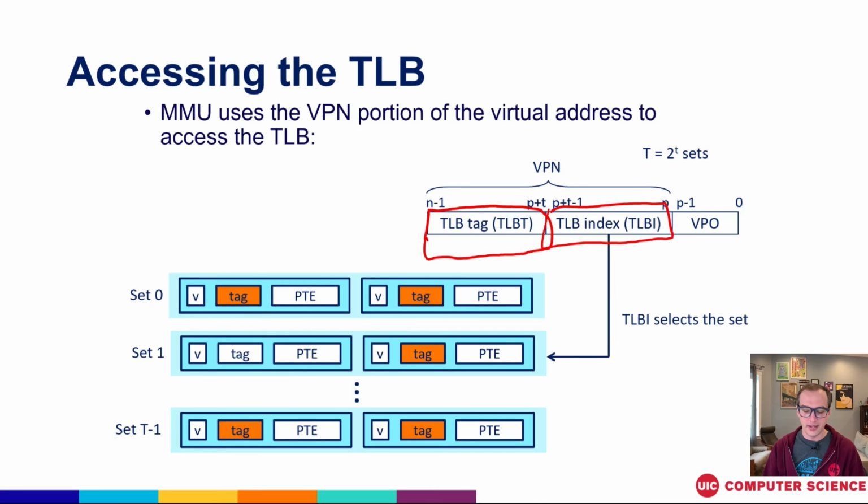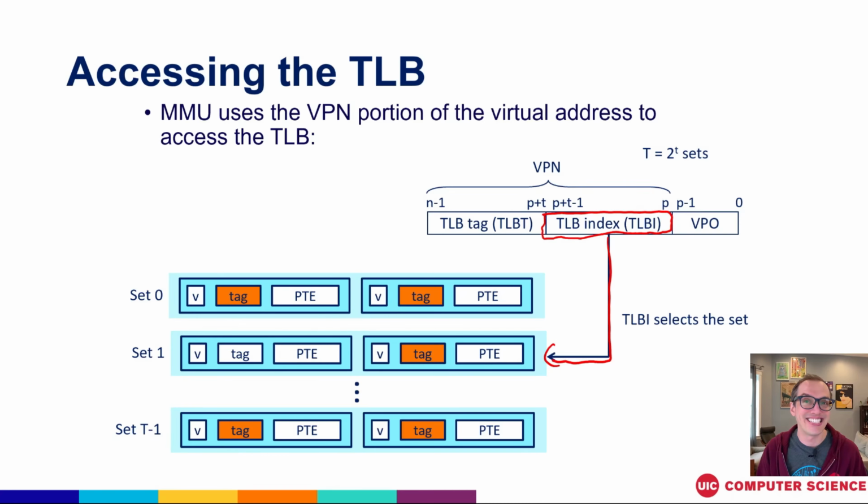First, when we want to access the TLB, we take these low level bits of the virtual page number and use them to index into a collection of sets of multiple page table entries that were all pulled in at the same time. So we index down into the set using the index, these low order bits. That's going to tell us which of these rows we're trying to look for our thing in.